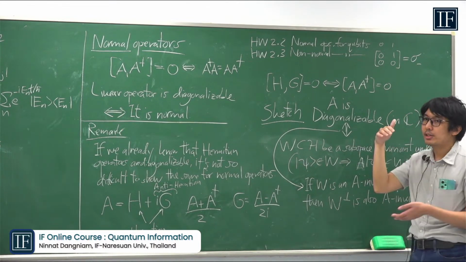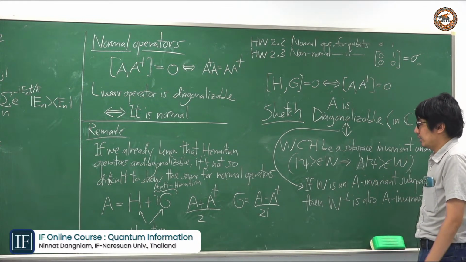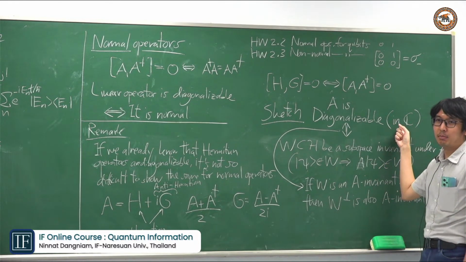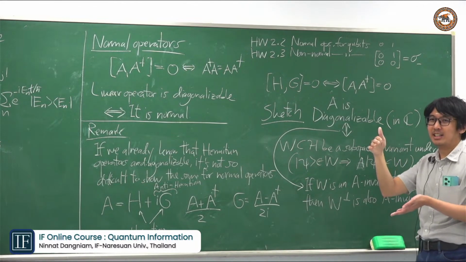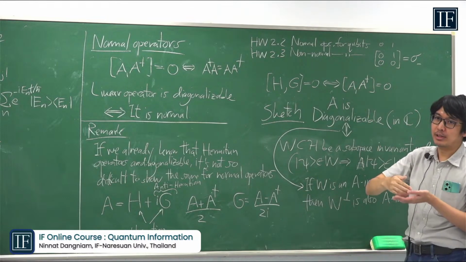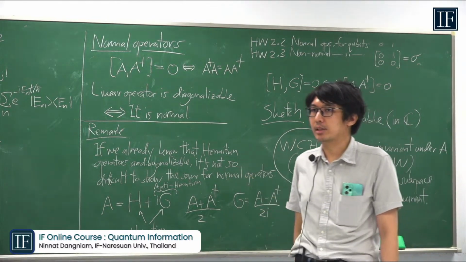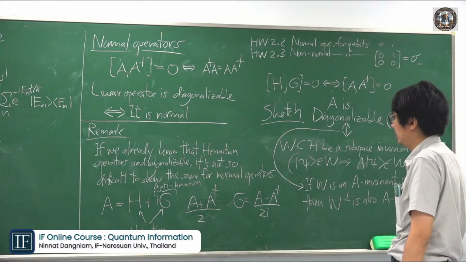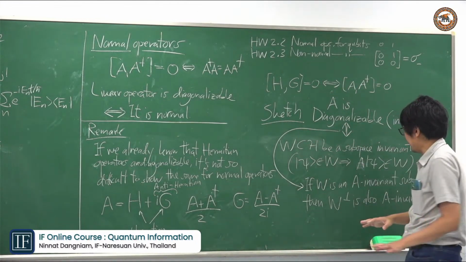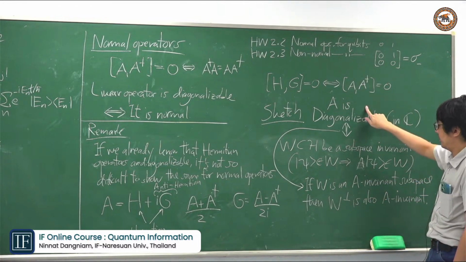And now you can consider A to be an operator in there, right? And again, since you're in the complex numbers, you can find one more eigenvector. And then you keep repeating this until you get all the eigenvectors that form a complete orthonormal set. So that was the explanation of why these two statements are the same.